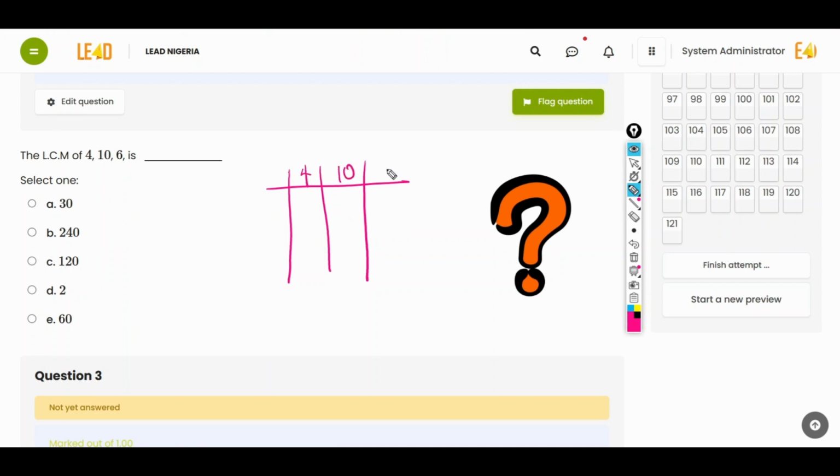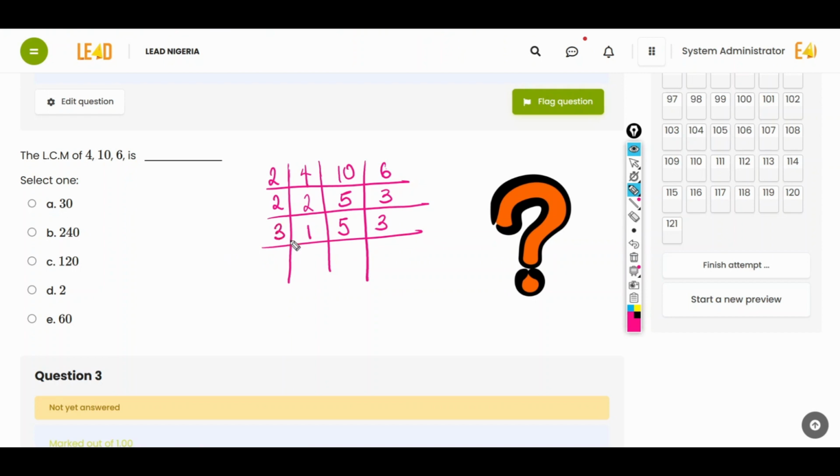We'll pick up prime numbers and use them to divide. We'll start with 2. 2 in 4 is 2. 2 in 10 is 5. 2 in 6 is 3. I can use 2 again. 2 in 2 is 1. 2 in 5, 2 can't go in 5, so we write 5. 2 in 3 can't go, so we write 3.